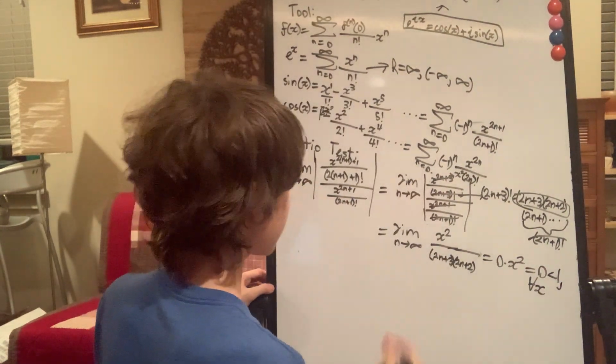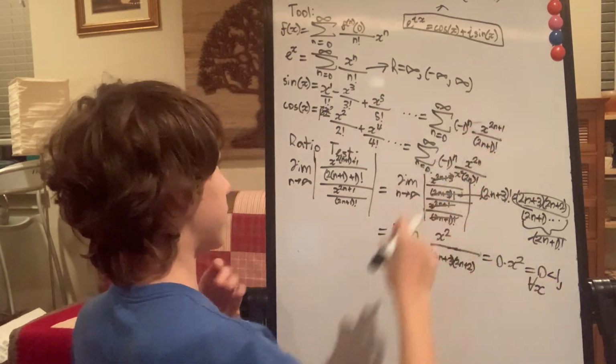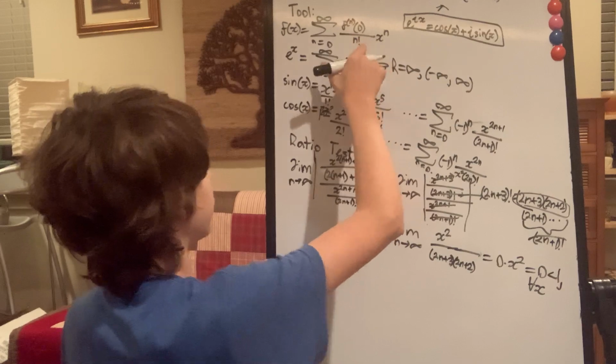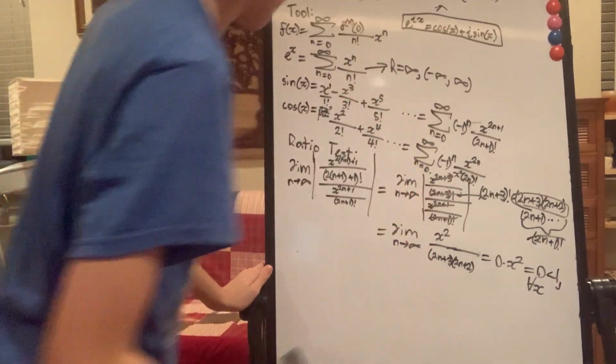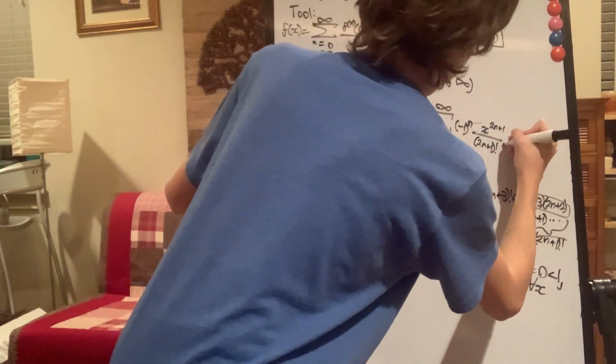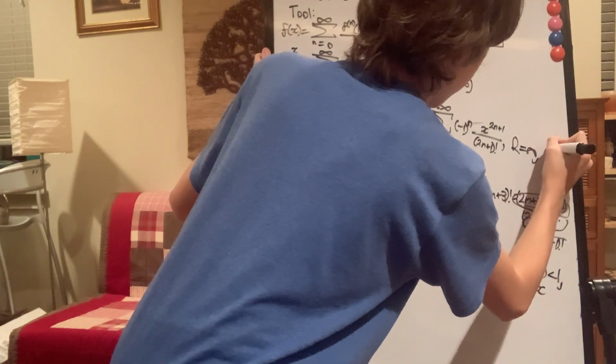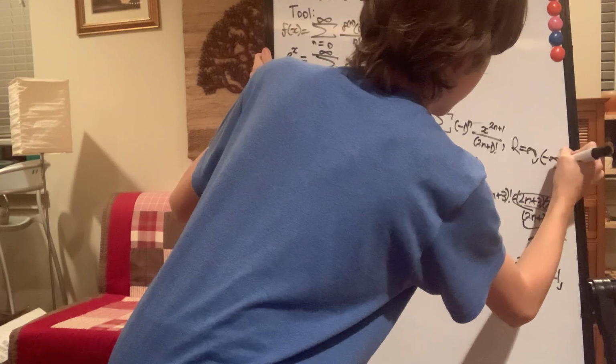Thus the radius of convergence is infinity again, which tells us that it works for all x. Our sine converges for all x. So that gives us that our r is infinity, and our interval of convergence is negative infinity to infinity.